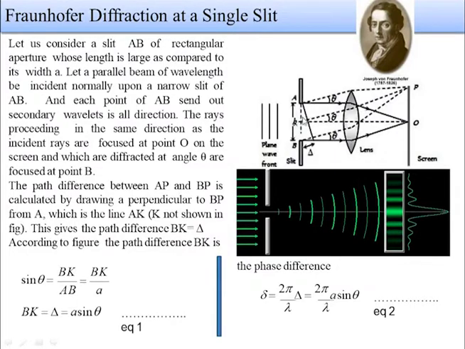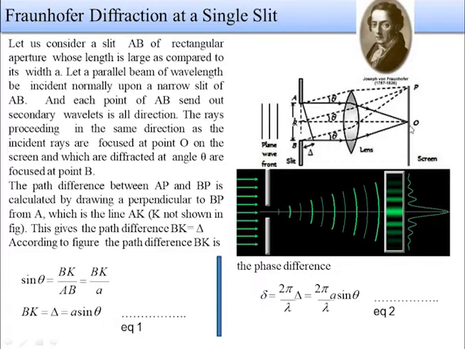and the screen. So all the rays which are coming parallel to this undeviated ray will reach the point O, such that all the rays reaching the point O have the same phase, or a constant phase difference.